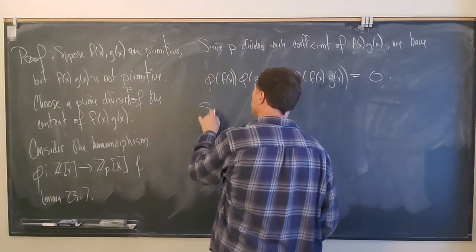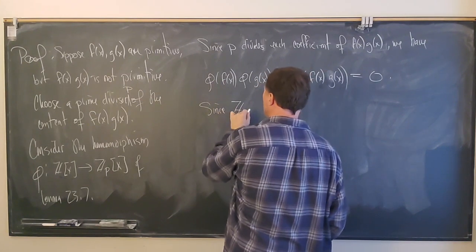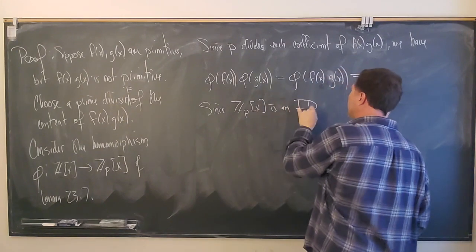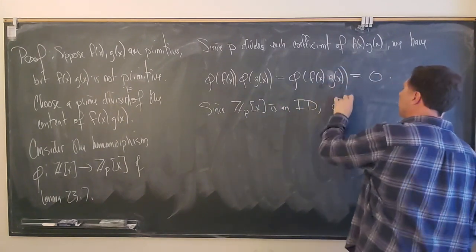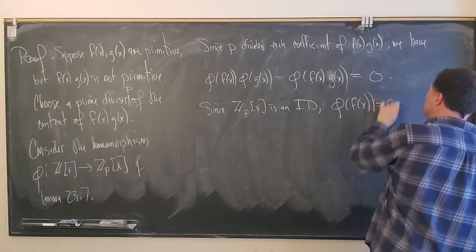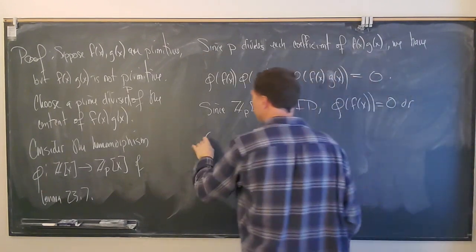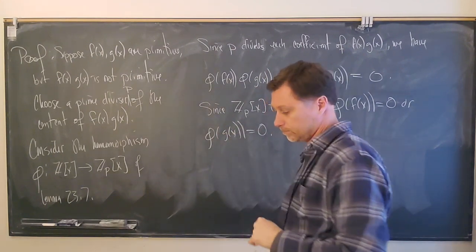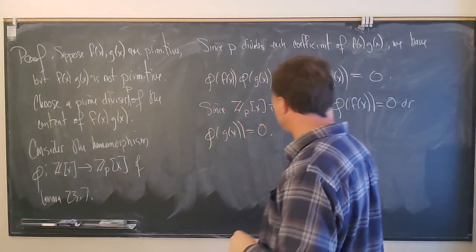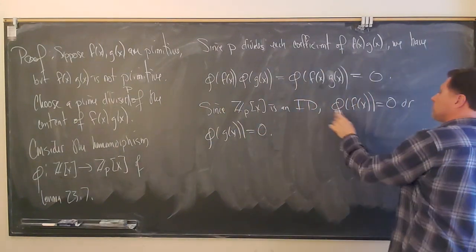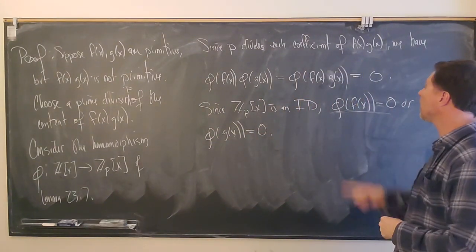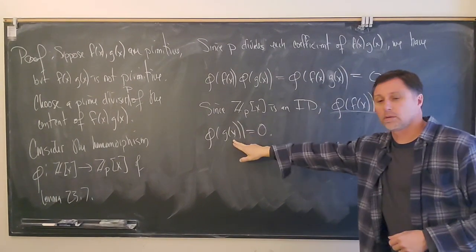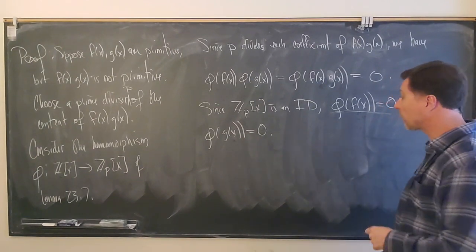So since Zp[x] is an integral domain, phi of f of x has to equal 0, or phi of g of x has to equal 0. So what does that mean? It means, for example, if phi of f of x equals 0, that p divides every coefficient of f of x. If this one's 0, then p divides every coefficient of g of x.